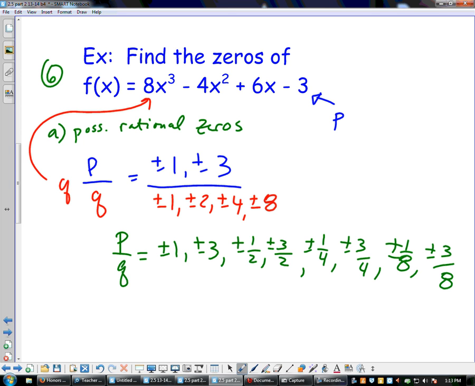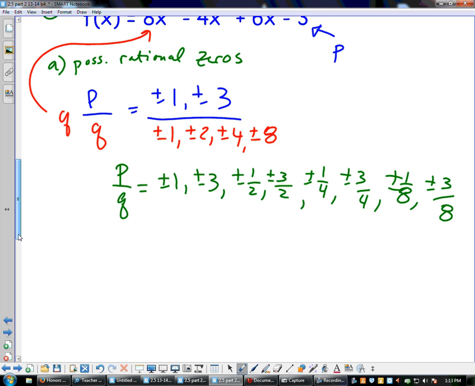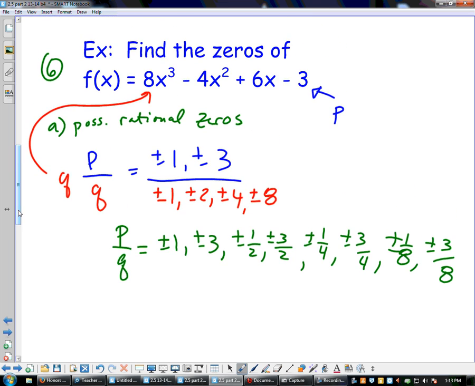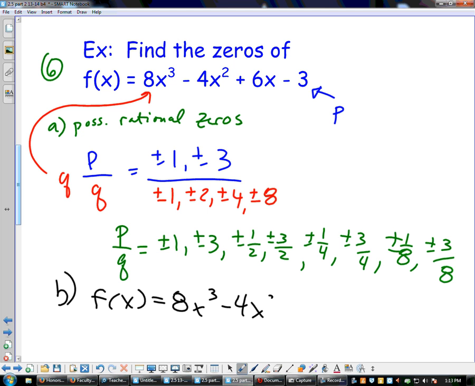All right, so we don't want to have to test all of these, but before we look at the graph, let's at least see about the Descartes rule of signs. How many real zeros should we be looking for? So in that case, I'll call this part B. Here's my function again, f of x equaling 8x cubed minus 4x squared plus 6x minus 3.